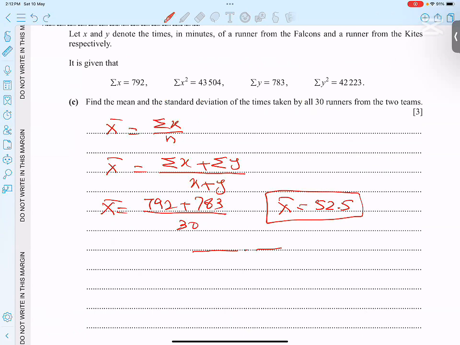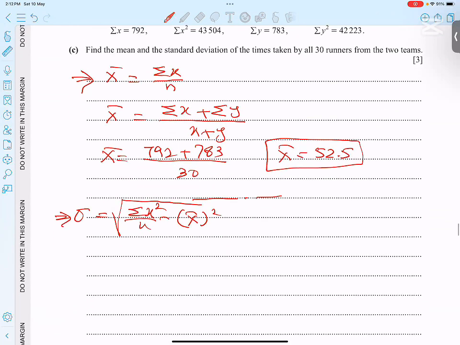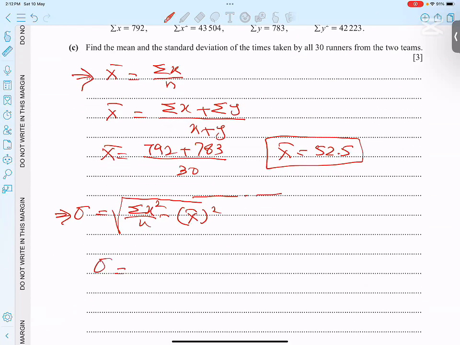First of all, this is the formula for deviation. I'm writing here: the formula is the square root of sigma x squared divided by n, minus the mean squared. Now I'm applying it to the whole group. The formula becomes sigma x squared plus sigma y squared over n x plus n y, minus the square of the mean.